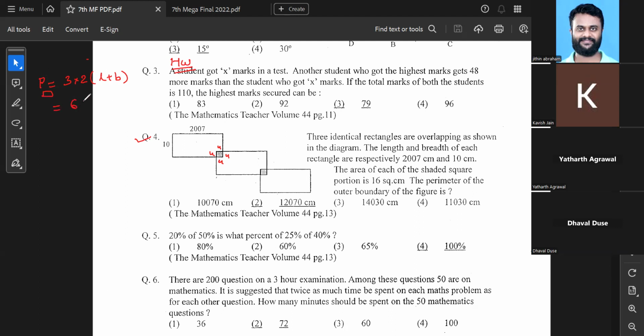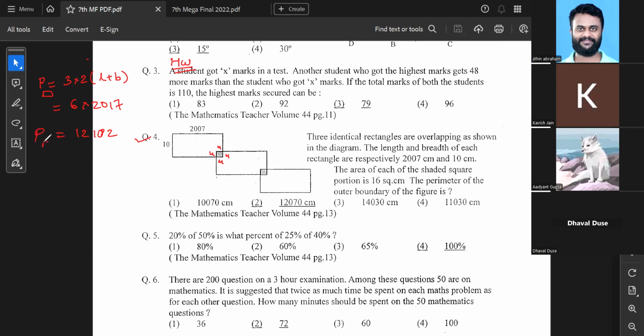So that should give you 6 times 2007 plus 10, which is 2017. 6 into 2017 is 12102. Makes sense.